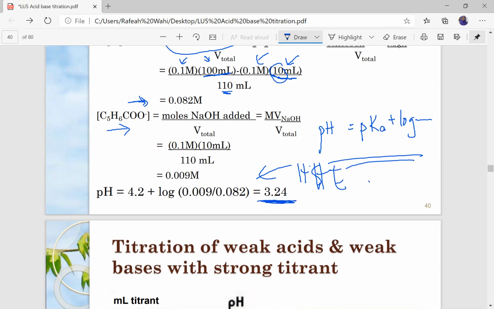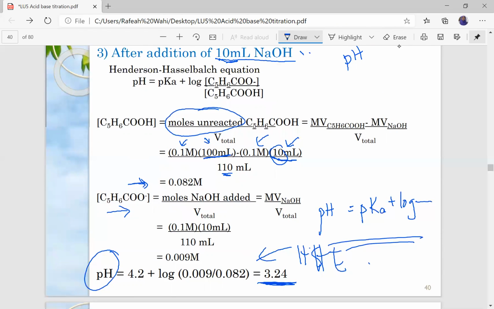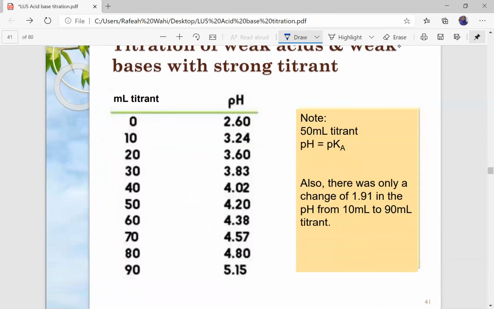So how do you get the pH? For all the points before the equivalence point, you have to repeat all the steps in this slide, step number 3, for all the volumes, every 10 ml: 20, 30, 40, until 90 ml. Why? Because at 100 ml, you will reach the equivalence point.